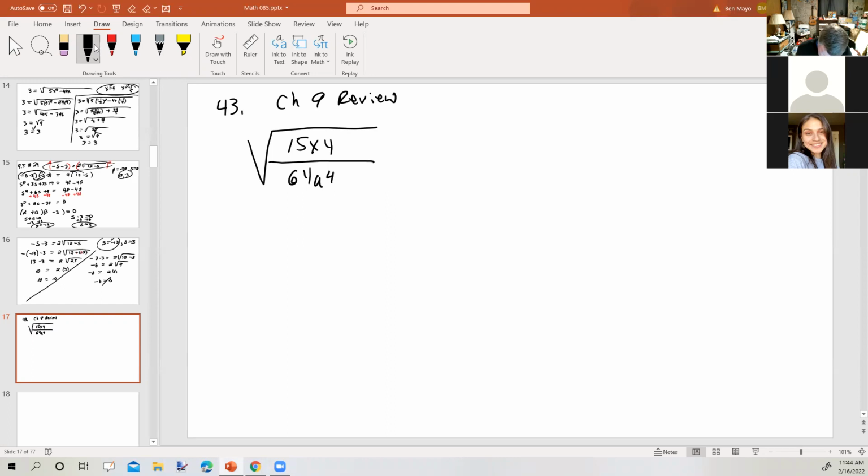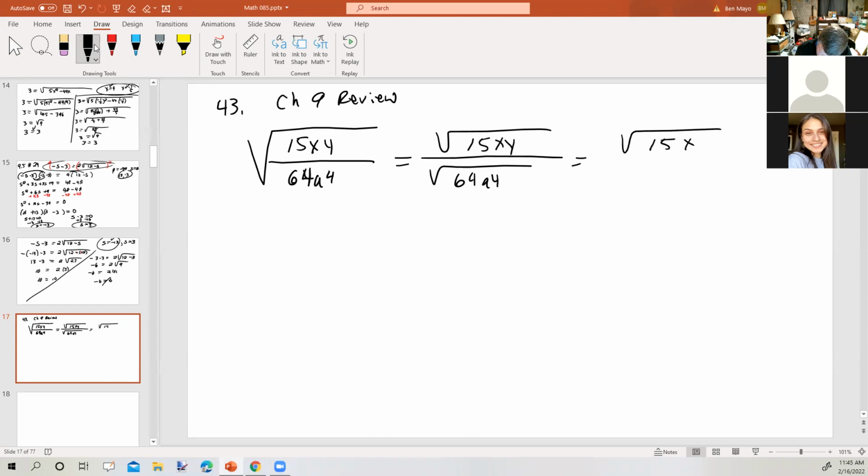You could split that up into two separate radicals. In the numerator, there's nothing we can do. In the denominator, the square root of 64 is 8 on the outside. The square root of a to the 4th is a squared on the outside. Okay, this is the correct answer.